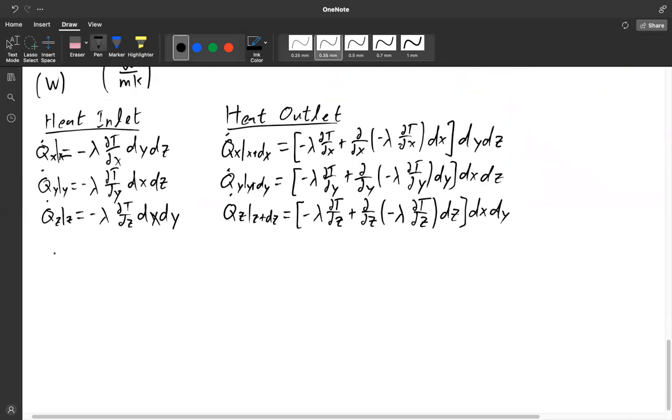Then q dot equals out to be the heat going in minus the heat going out.